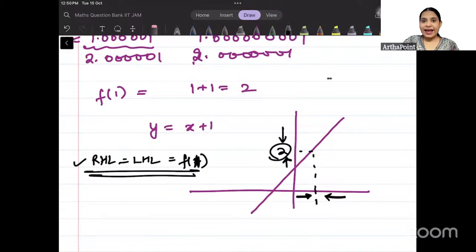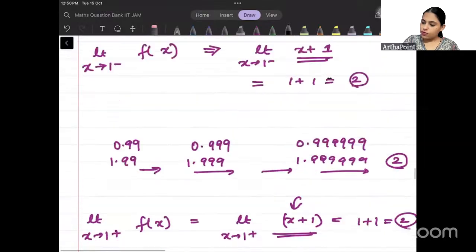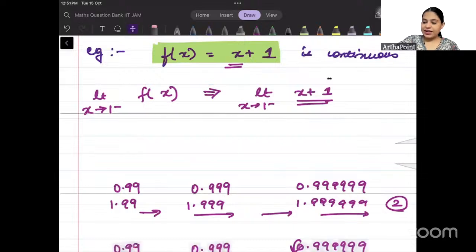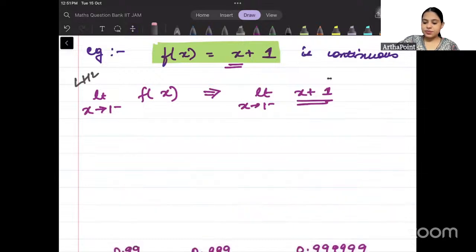So we can go ahead and say that, yes, it's a continuous function. Now, what some books do to find the limit, when they are finding the left-hand limit, that means they use 1 minus.